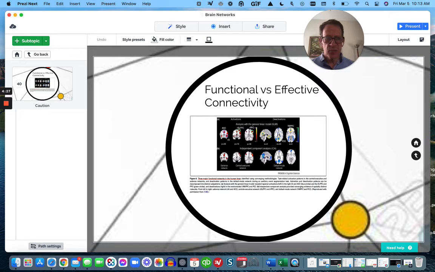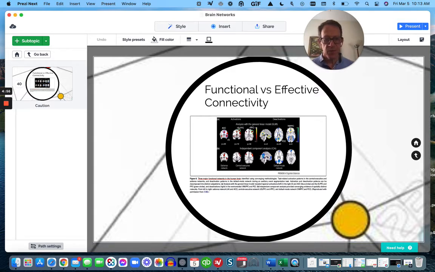But again, it's important to go back to our talk. If you didn't see it or need a refresher, you can always go back and view this on different types of connectivity. On the top, you can see measurements of what are called functional connectivity, whereas on the bottom, using independent component analysis and more higher level mathematical techniques, effective connectivity strategies, the regions of the brain identified are different.